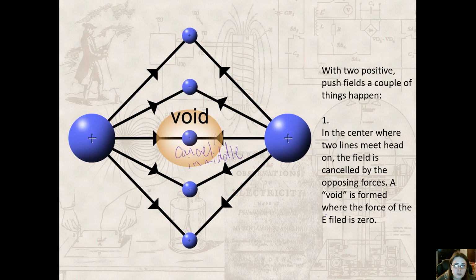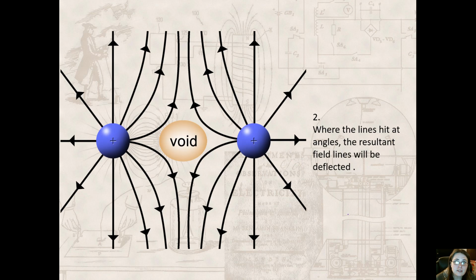A void is formed, and that's what happens when the electric field is 0. Where the lines hit at angles, the resultant field line will be deflected. So you can see that here the electric field is equal to 0.